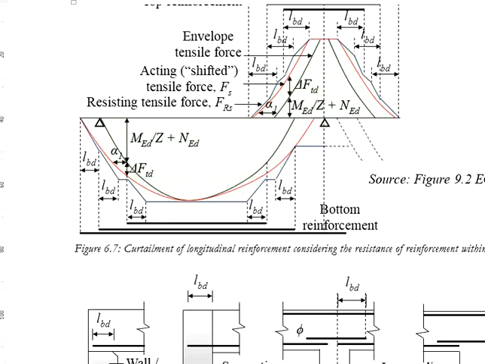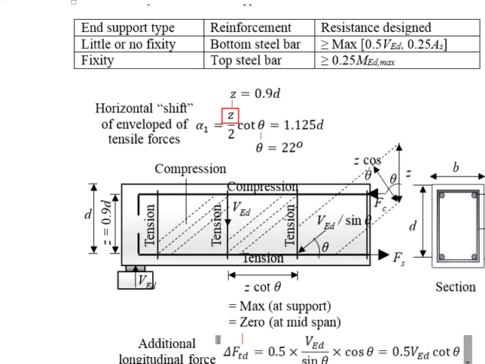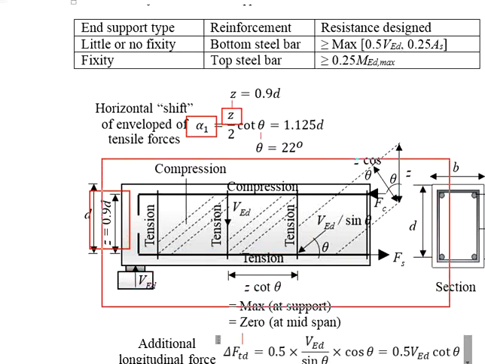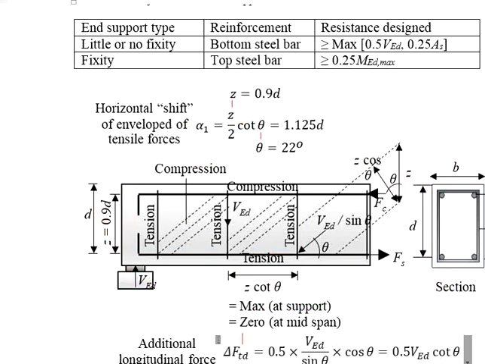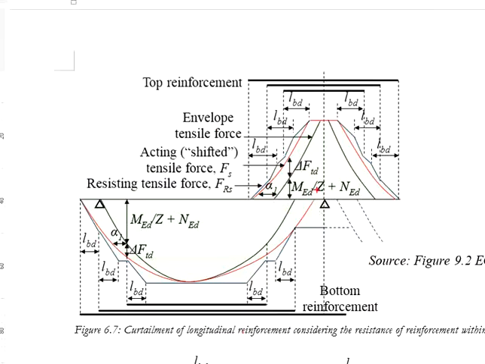And then bear in mind that the Z that you use to calculate alpha 1 is referring to 0.9D based on the strut models of the shearing. Not to confuse with the Z, which is the section modulus of the beam here.